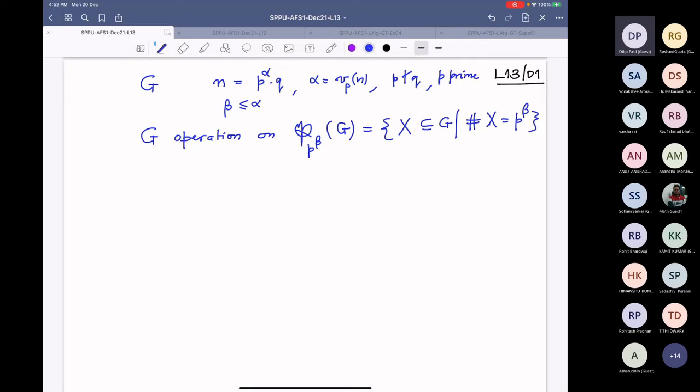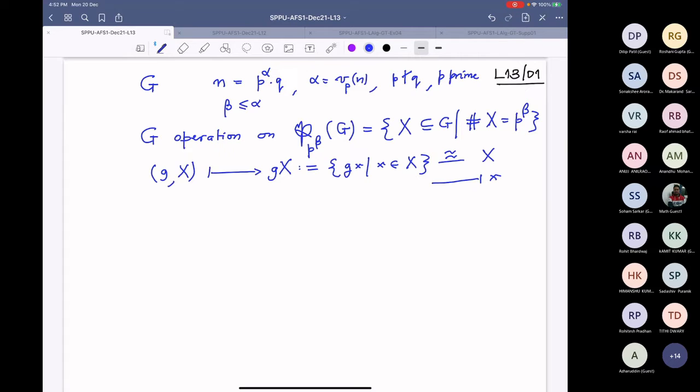The operation is (g, X) going to gX, where you multiply g with all elements of X. So gX is the set of gx with x in X, and this obviously has the same cardinality, since multiplication by g is a bijection on X, with the inverse being multiplication by g inverse. That is where the group is required.